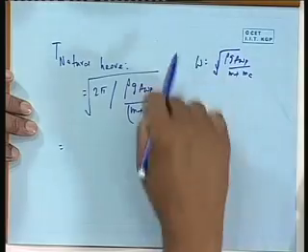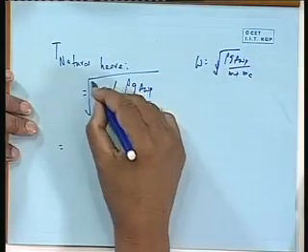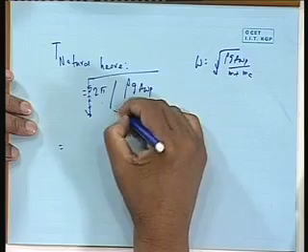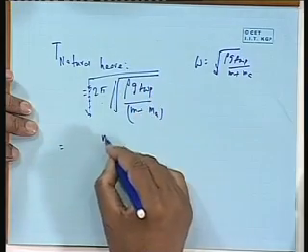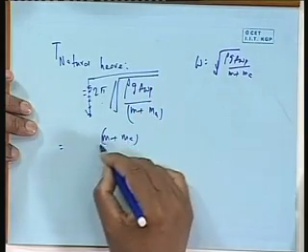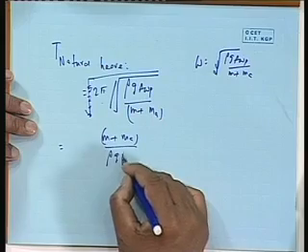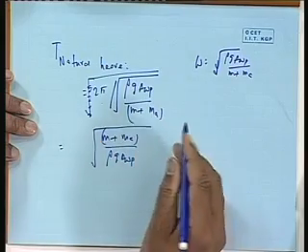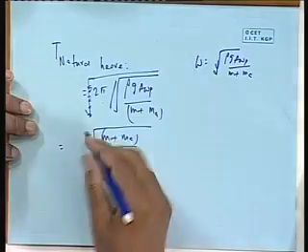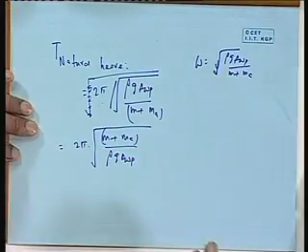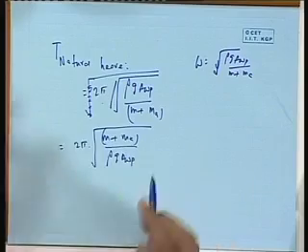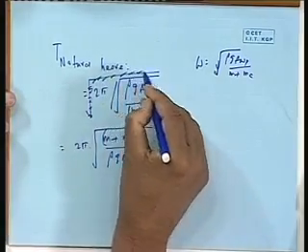So T is 2 pi by omega. The 2 pi is outside, sorry, so it is 2 pi times the root of (m plus ma) by (rho g AWP). This is my T natural period. I will discuss that afterwards.